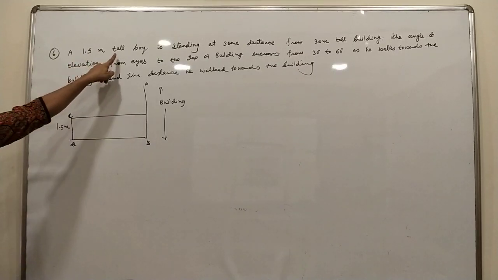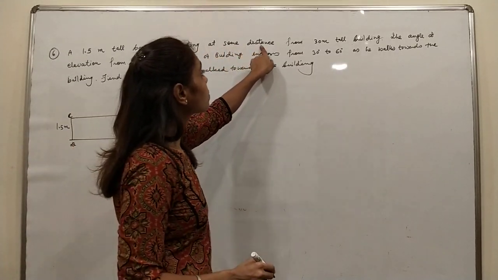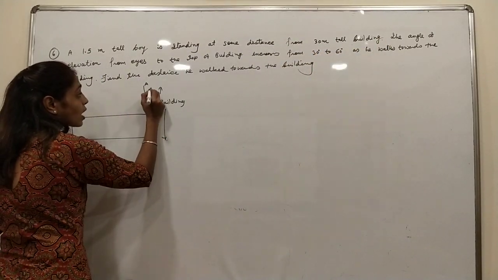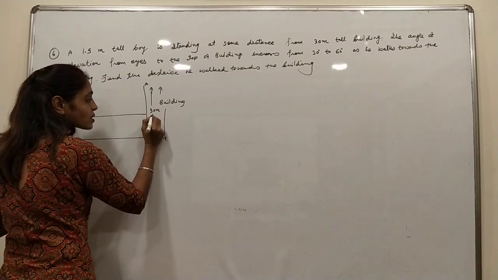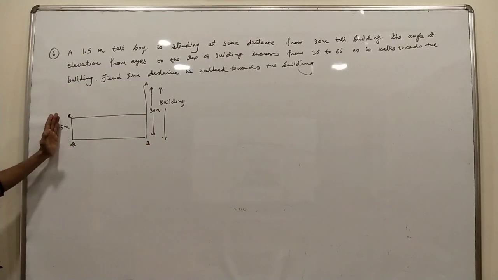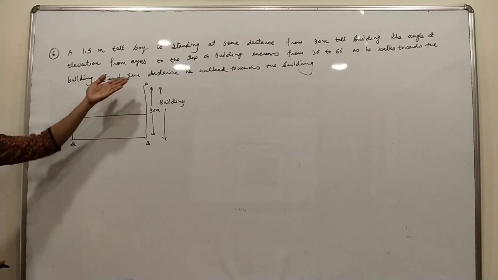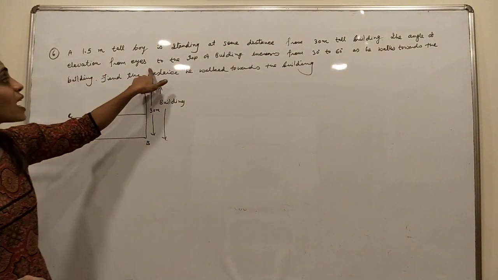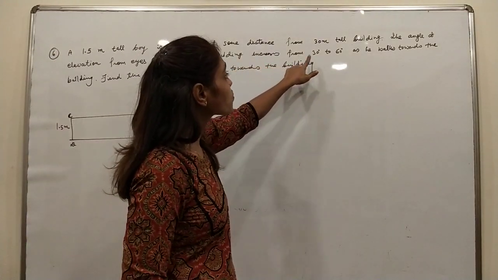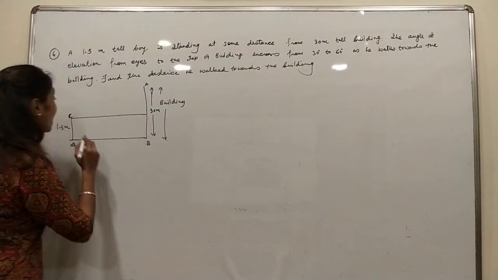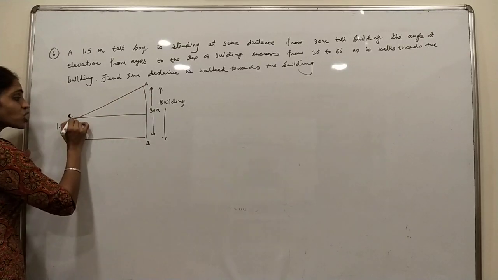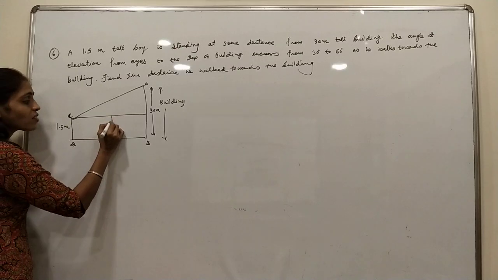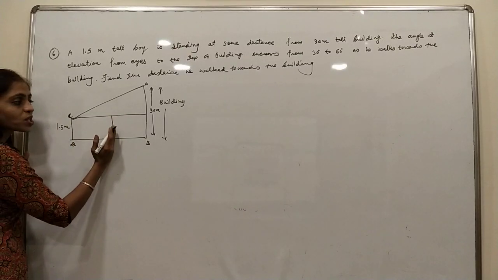A 1.5 meter tall boy is standing at some distance from a 30 meter tall building. That is, the height of the building is given as 30 meters. The angle of elevation from his eyes to the top of the building increases from 30 to 60 as he walks towards the building.